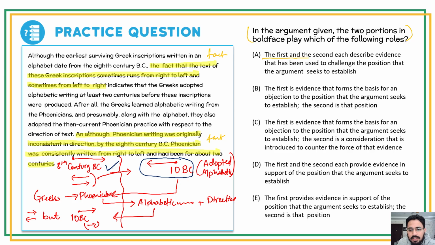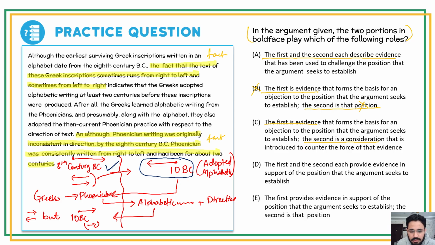So the first and the second each describe evidence. Okay, that part's correct. The second is a position. That's wrong. I'm going to eliminate B then and there, before even diving deep into reading it completely. Now, the first is evidence, perfect. The second is a consideration that is introduced to counter the position.